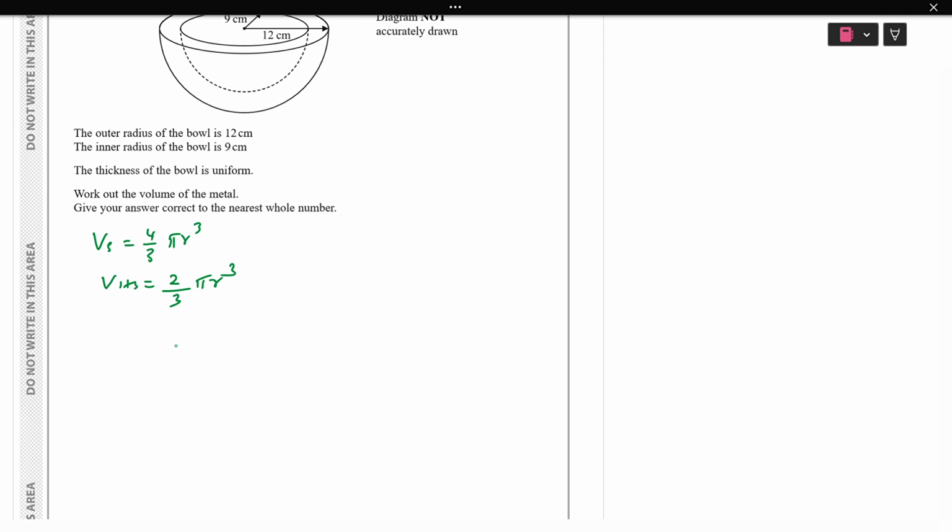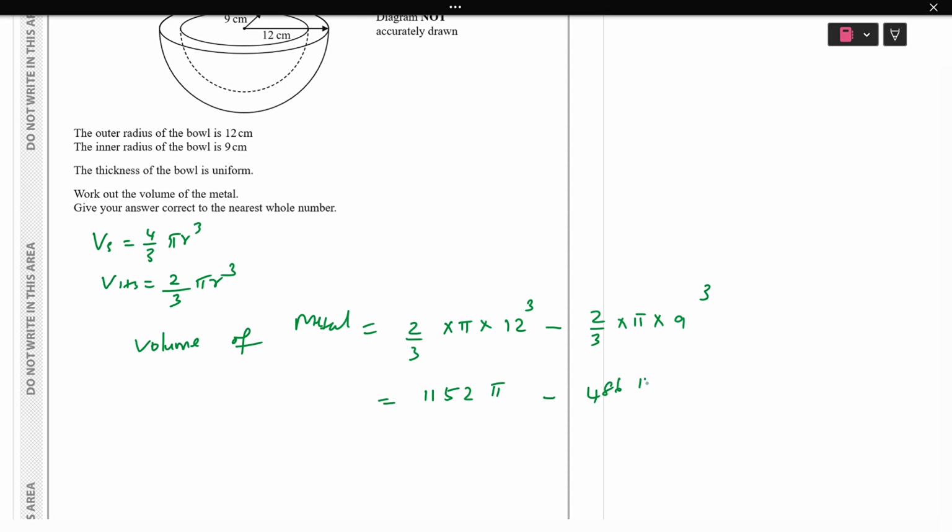Now I'll write the volume of the metal equals the outer volume, 2/3 times pi times the outer radius 12, so 12^3, minus the inner volume, 2/3 times pi times 9^3. That is 1152 pi minus 486 pi.